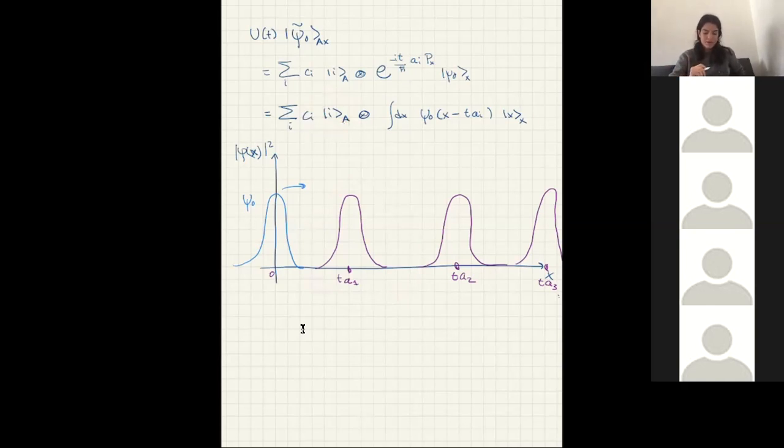Which means that now if we make a position measurement, so if now we measure this subsystem in a position measurement, then with high probability, if these things are narrow enough, we will end up around here. And if we end up around here, then we know that this corresponds to the i1 eigenvalue.